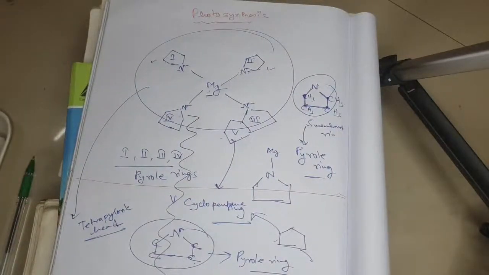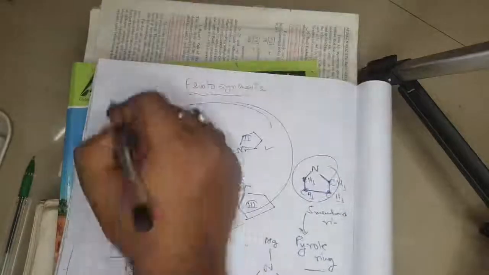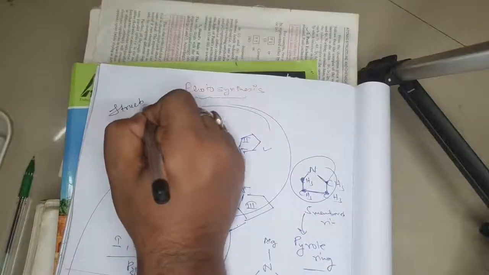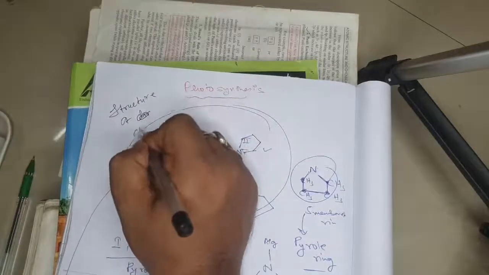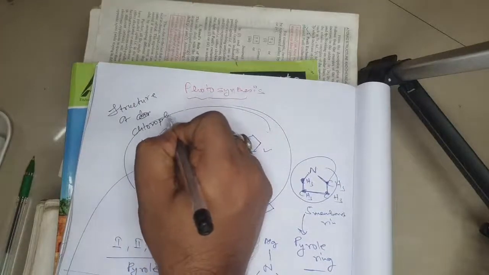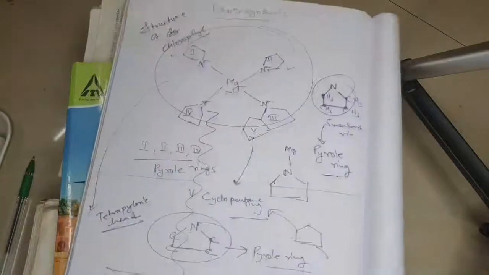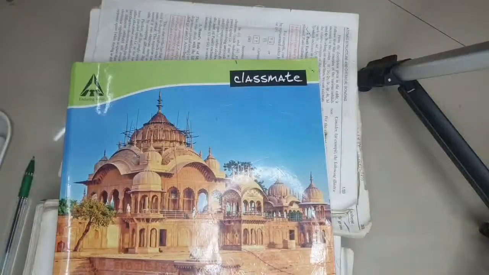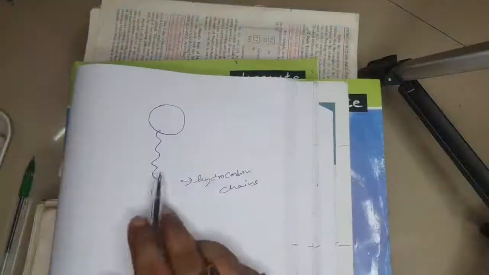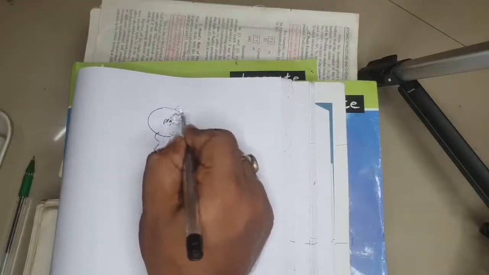Chemistry class? No, this is the structure of chlorophyll. So remember, how is the structure of chlorophyll? The structure of chlorophyll has a tetrapyrrolic head like this, where Mg is there and a pyrrole ring is here.